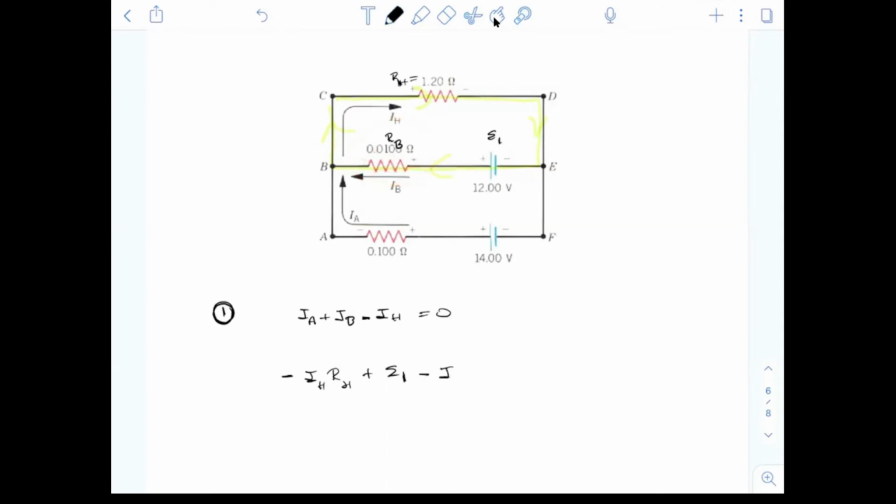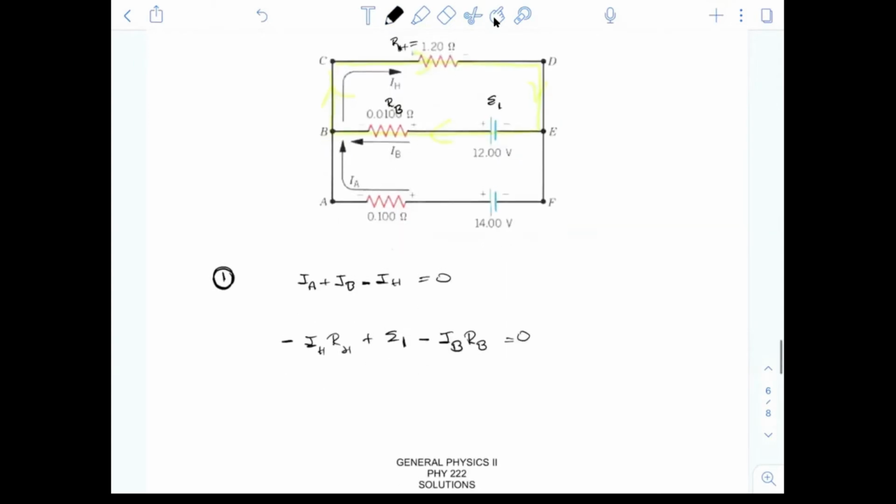Here's the current from the battery across the resistor of the battery. We're at this point, so we just looped around. So the total voltage drop and the voltage gain across the second loop is going to be 0. That's our second equation.